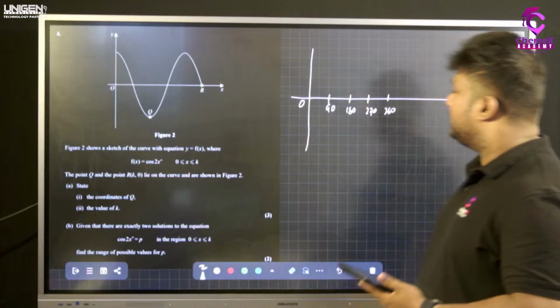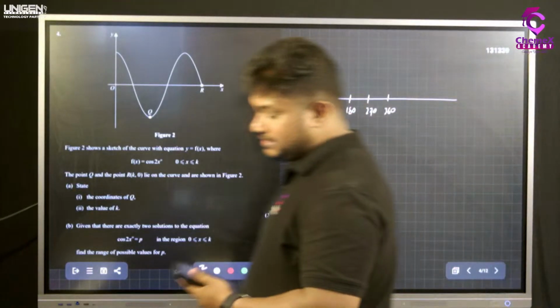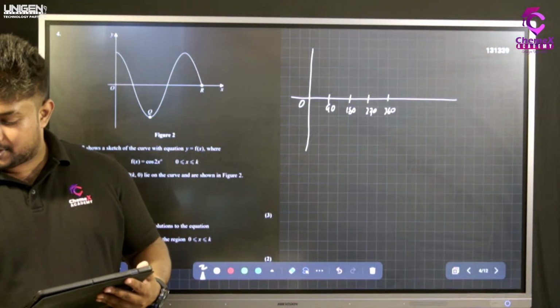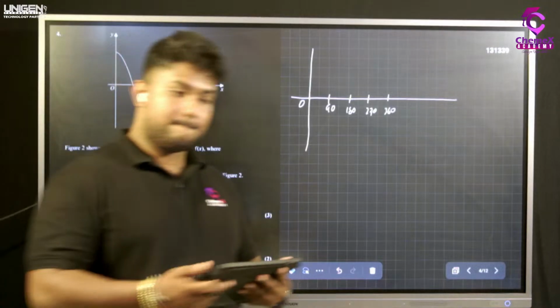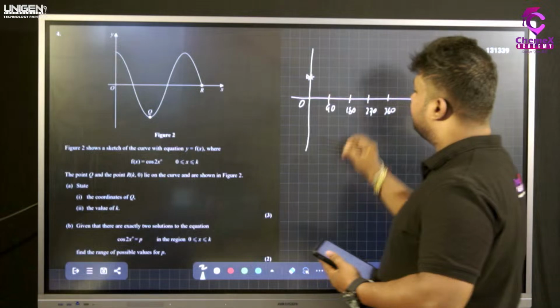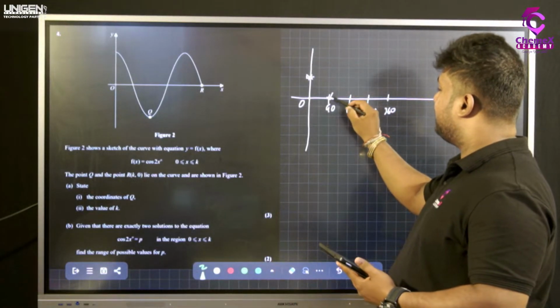Can someone say what cos 0 is? Type it in the chat and say. I'm trying to draw the normal cos graph. What's cos 0? 1, right? Cos 90 is what?